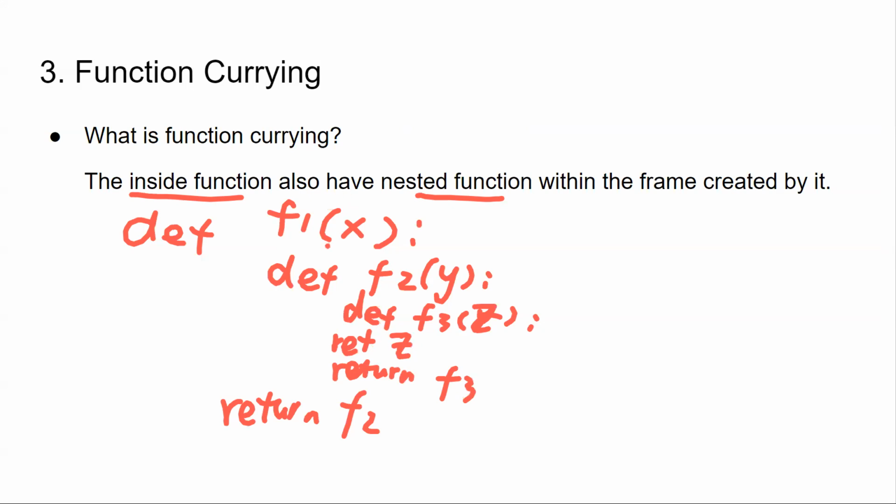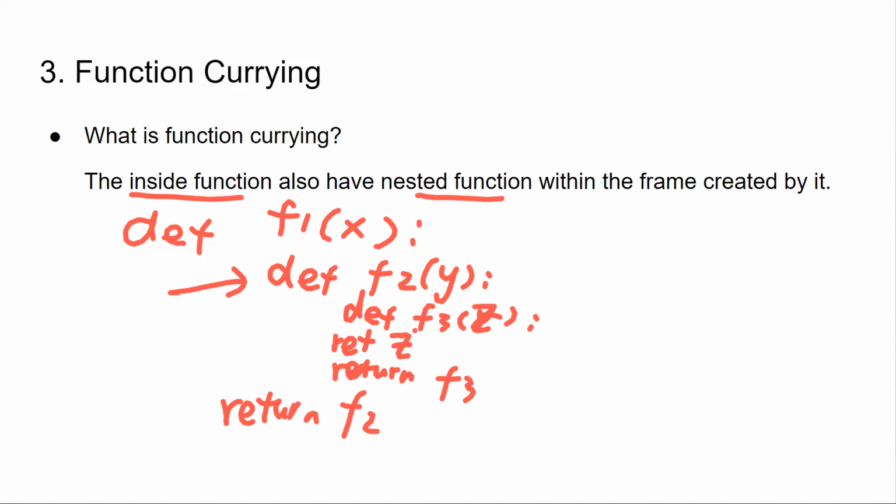So this is a higher order function like function currying. This is a very strong higher order function. When we have the inside function, it also has a nested function in it, so you basically have at least 3 functions to create a function currying.